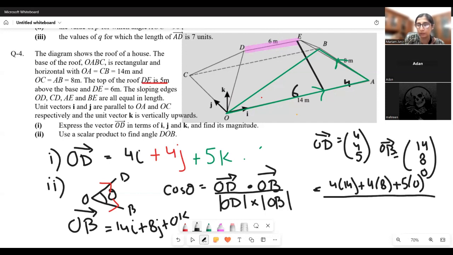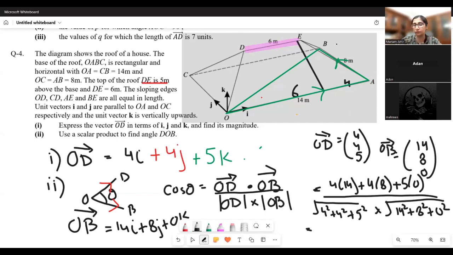And in the denominator, you take magnitude of both of these: 4 square plus 4 square plus 5 square under root times 14 square plus 8 square plus 0 square under root.